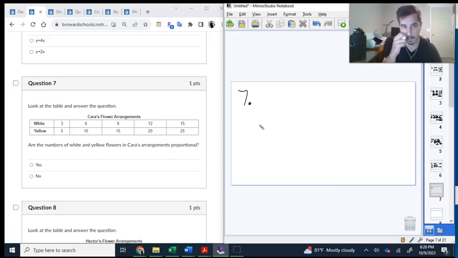Okay? Or we can see if they are all equivalent ratios. Okay? If they are equivalent ratios, then I know that they're proportional. Okay?